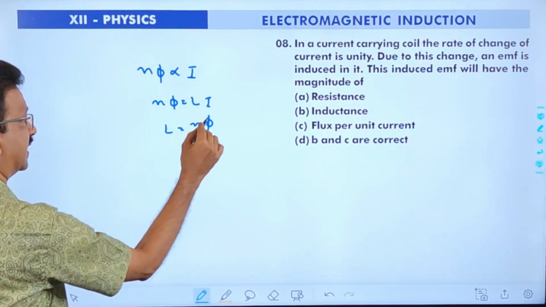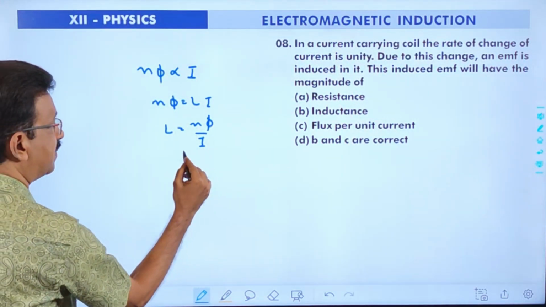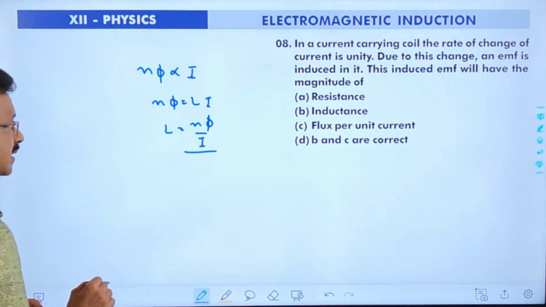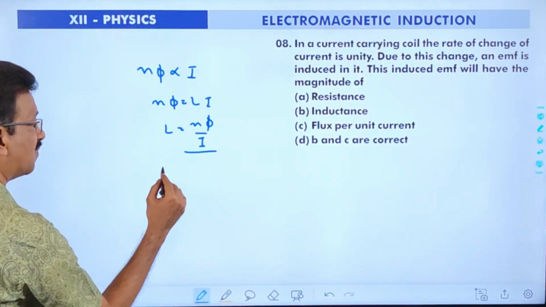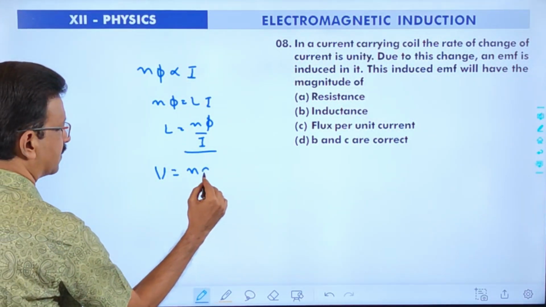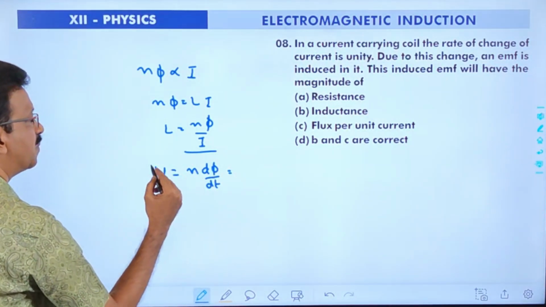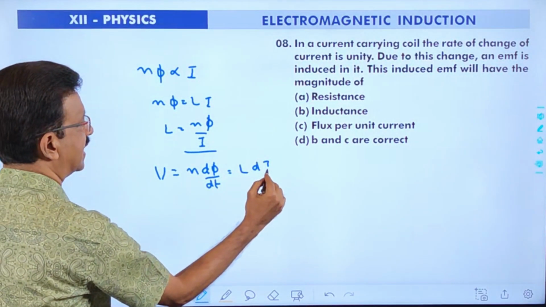Total flux linked with a circuit because of the current in the same circuit when the current in the same circuit is unity. Then, the expression for Faraday's law becomes induced EMF equal to N dφ by dt equal to L di by dt.